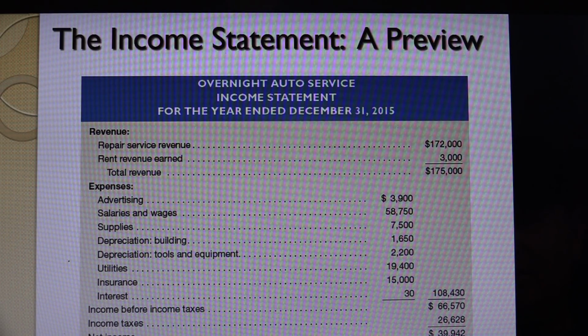In this case, for the year ended December 31, 2015. Well, they started, what, January 20th? So they are on what we call a calendar year-end reporting.